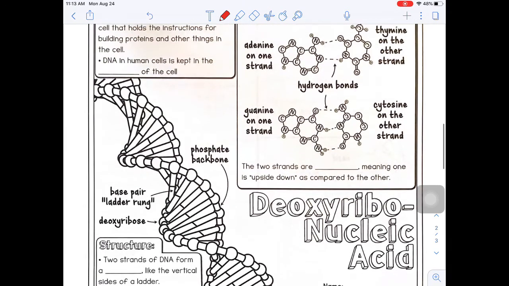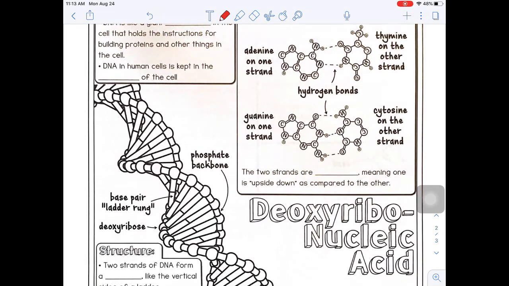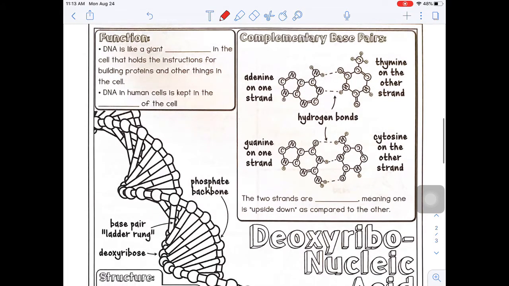Let's see, up here, these are already labeled: the thymine and the adenine and the guanine and the cytosine. Make a note of the hydrogen bonds. Even though in this diagram they look like they're connecting, they're really hydrogen bonded to each other.